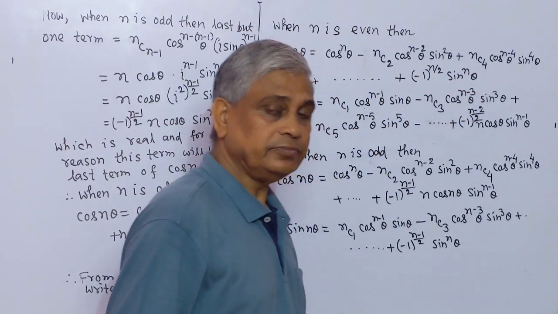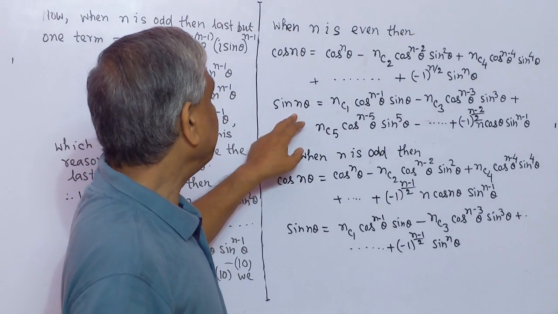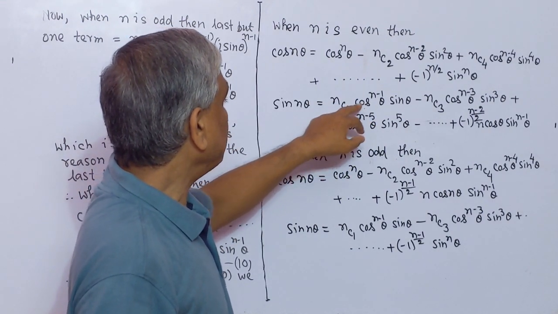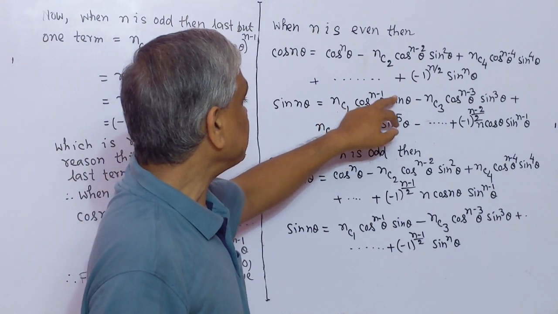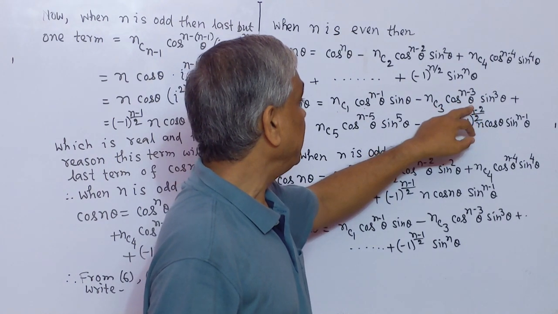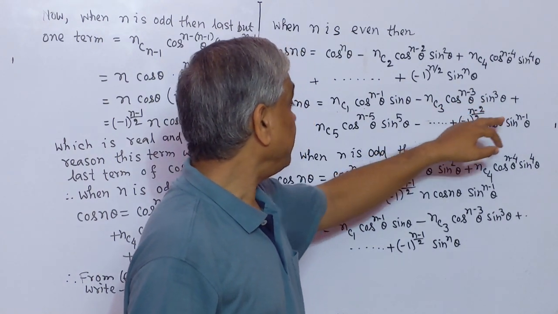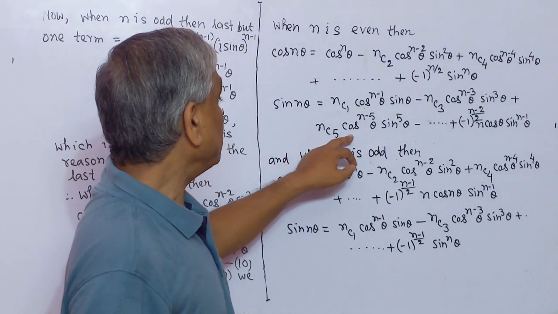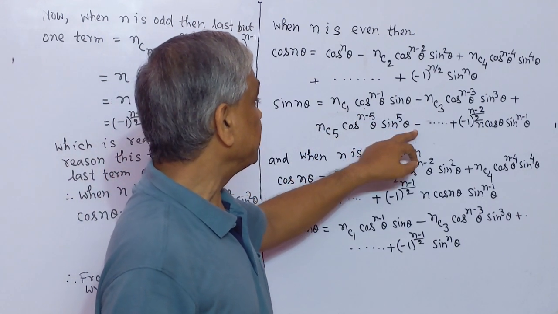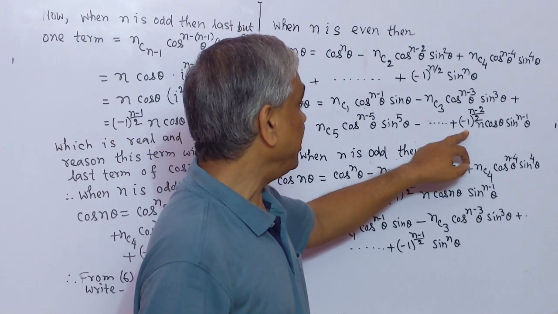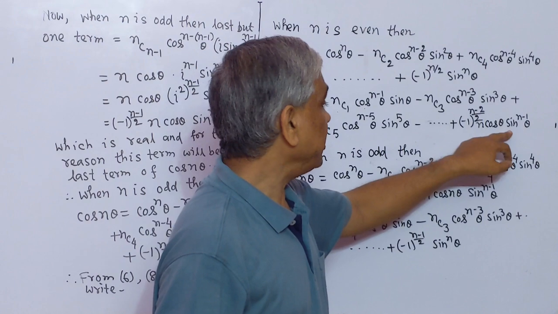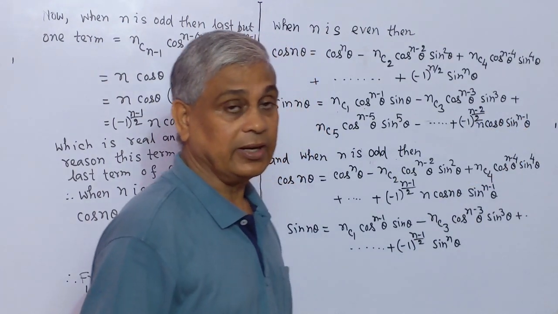And sin n theta, when n is even, is equal to nC1 cos to the power n minus 1 theta sin theta minus nC3 cos to the power n minus 3 theta sin cube theta plus nC5 cos to the power n minus 5 theta sin to the power 5 theta minus dot dot dot, and the last term is minus 1 to the power n minus 2 by 2 n cos theta sin to the power n minus 1 theta.